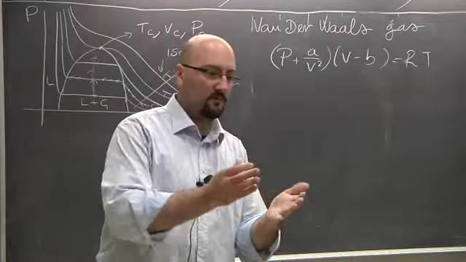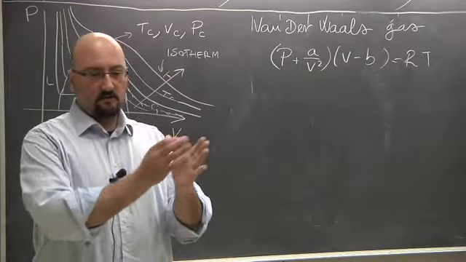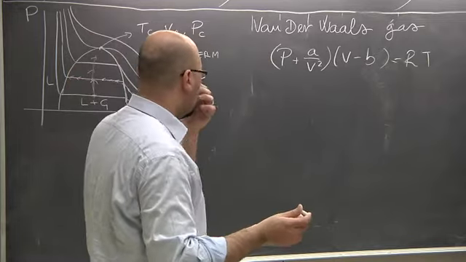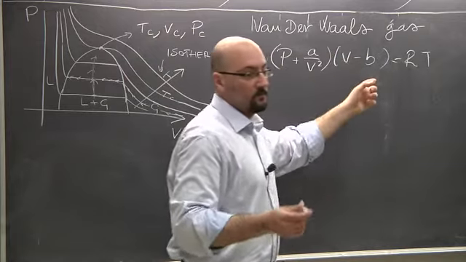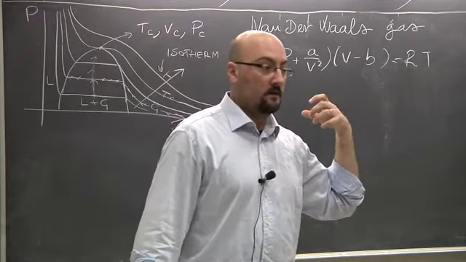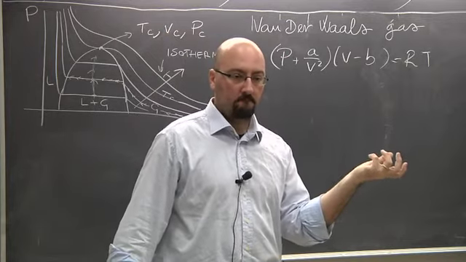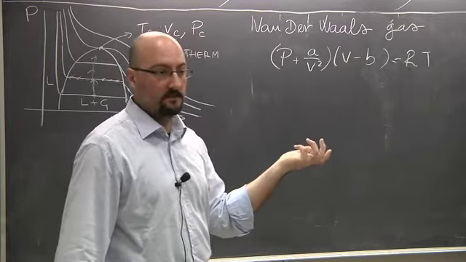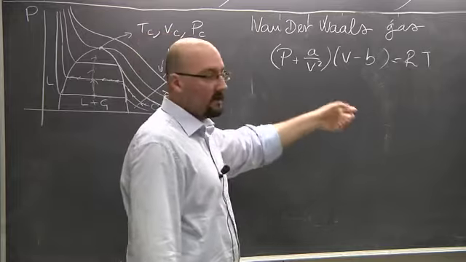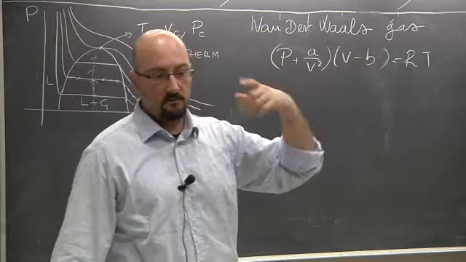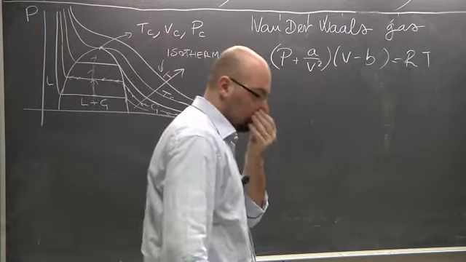So depending where you put your cutoff, you can talk about so many substances. A and B are coefficients which are dependent on the gas, on the substance. So for water, there will be something. For nitrogen, there will be something else. For helium, there will be something else, and so on.